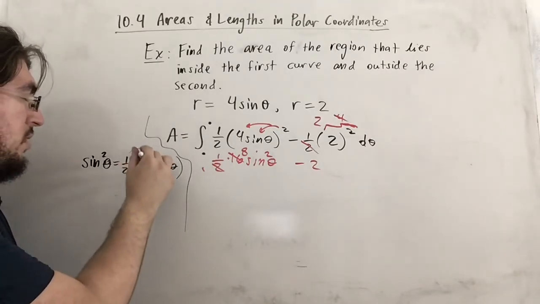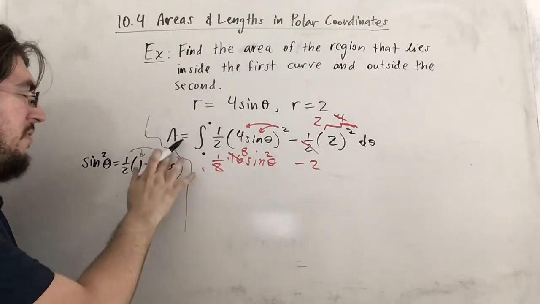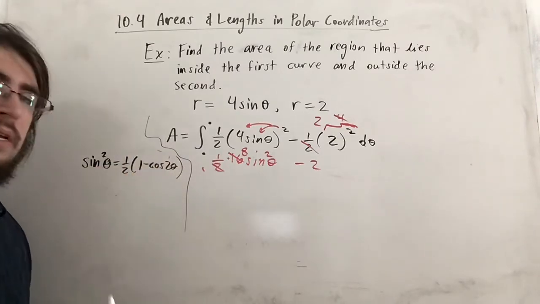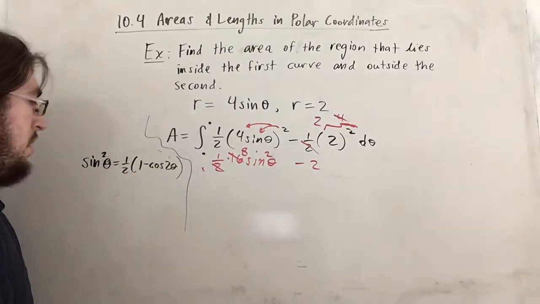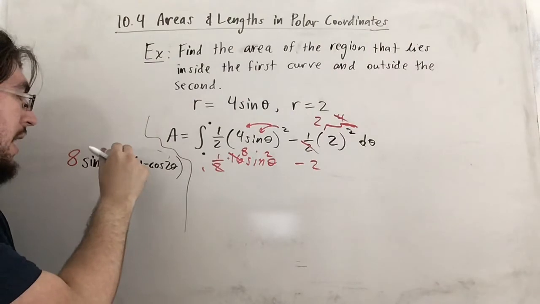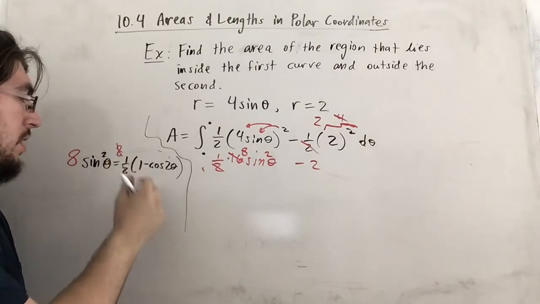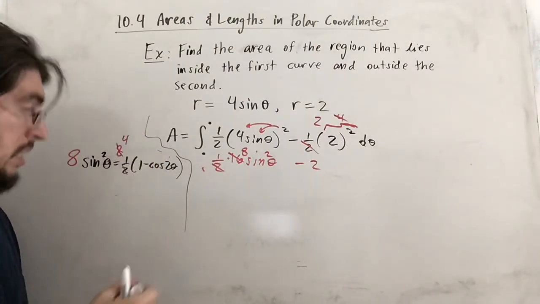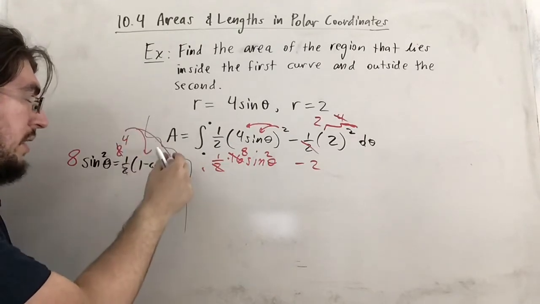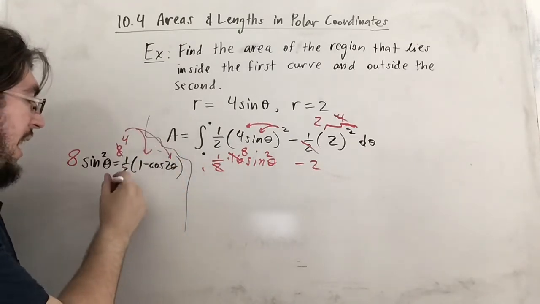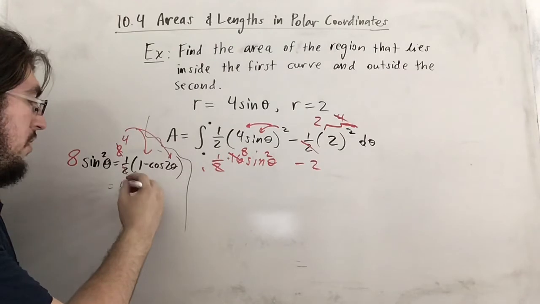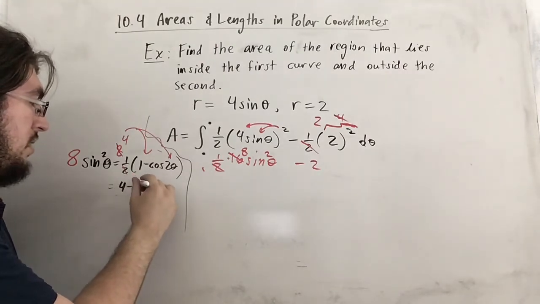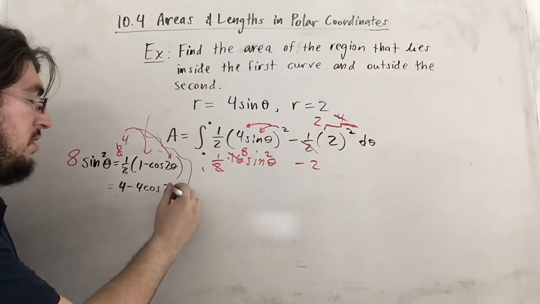We want to find 8 sine squared of theta, so if you multiply both sides of this equation by 8, 8 divided by 2 is 4. Then distributing this 4 in, we'll get that 8 sine squared is really just 4 minus 4 cosine of 2 theta.